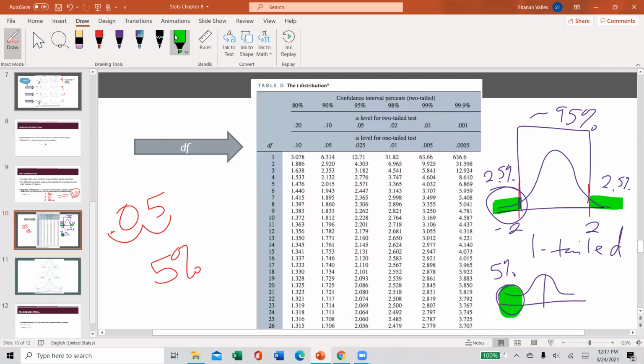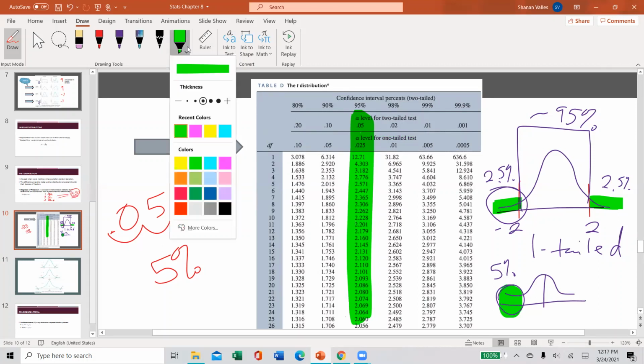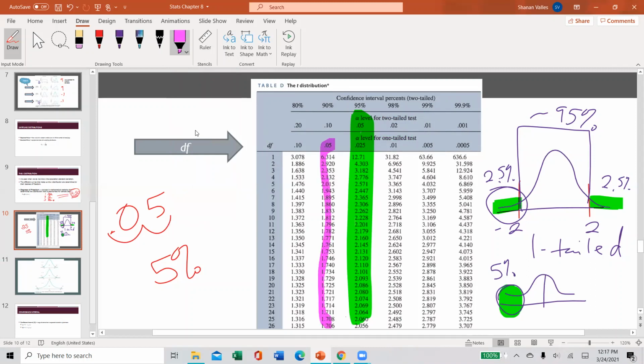So let's look at, if we were going with the 0.05 in the two-tailed, which is right here, it would be this column. Okay, that's the 0.05 for a two-tailed test. If we were looking at a one-tailed, the 0.05 is right here, and you have these values here, okay?